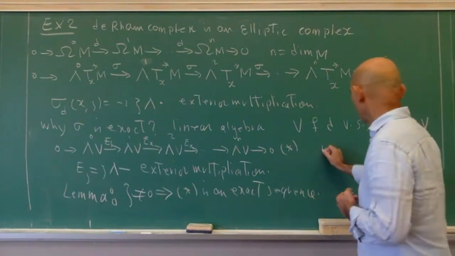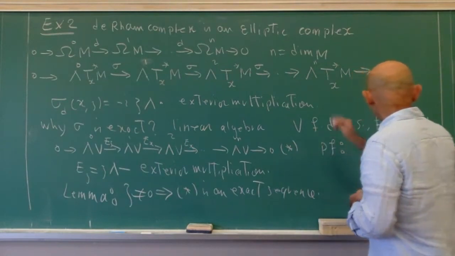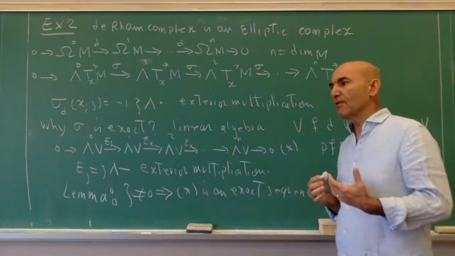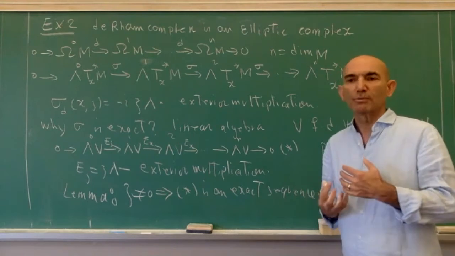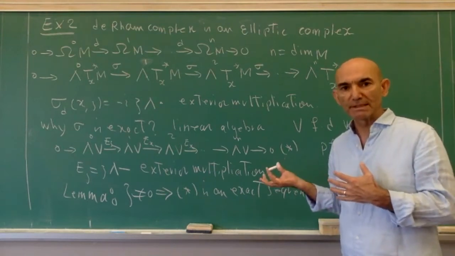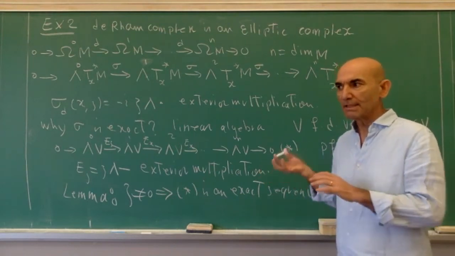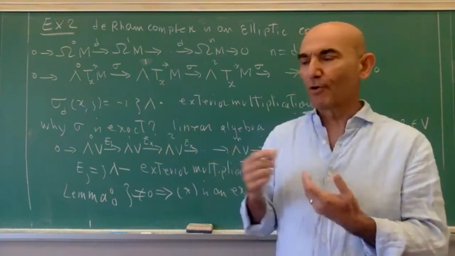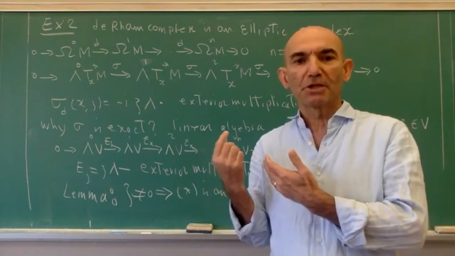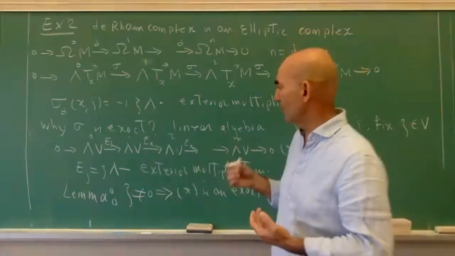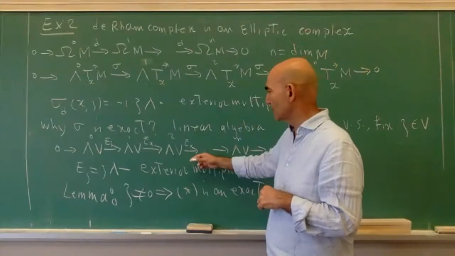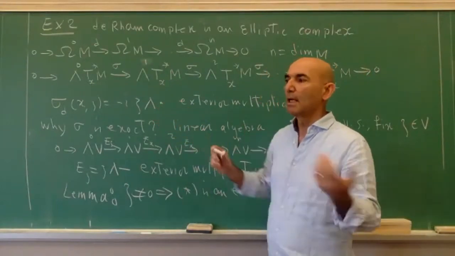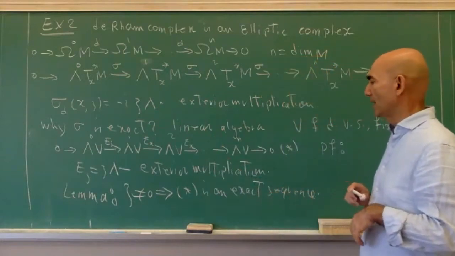So the proof; maybe I just start here and then I continue. For this, there's a standard way. You define an interior multiplication associated to this c. And the interior multiplication plays the role of a homotopy operator for this exterior multiplication. And this is standard. Most of the time, when you want to prove something is exact, you construct a homotopy operator, and then you will see immediately why it's going to work.